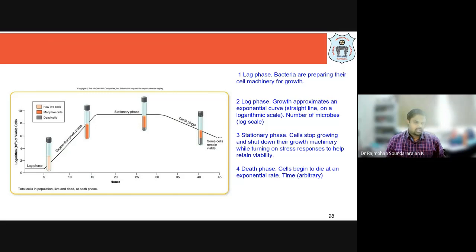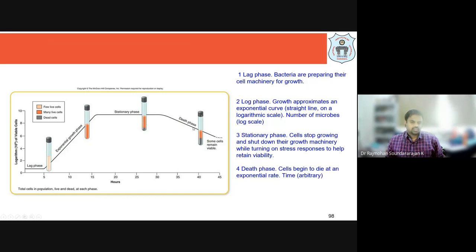What is happening here is that few live cells are present at the end of the lag phase. Then during the exponential phase you have many live cells. During the stationary phase also many live cells are there, but a little death is also taking place, so the stationary phase will have live cells plus dead cells.